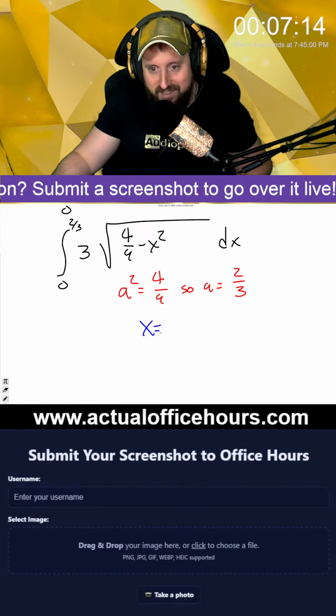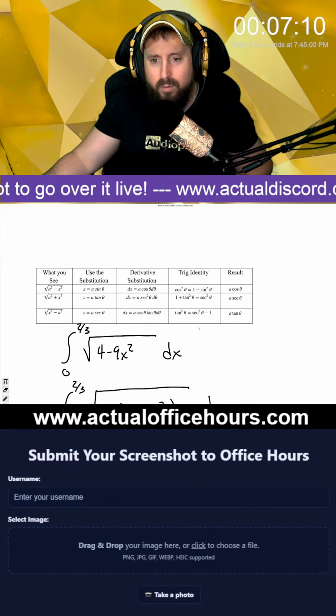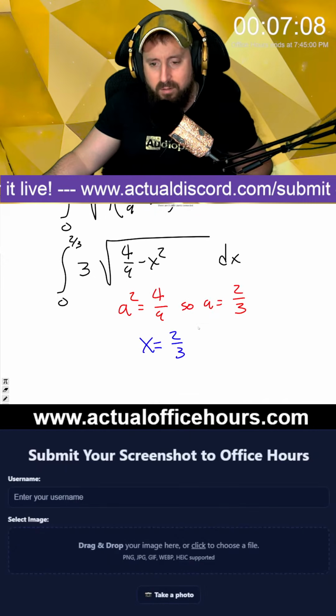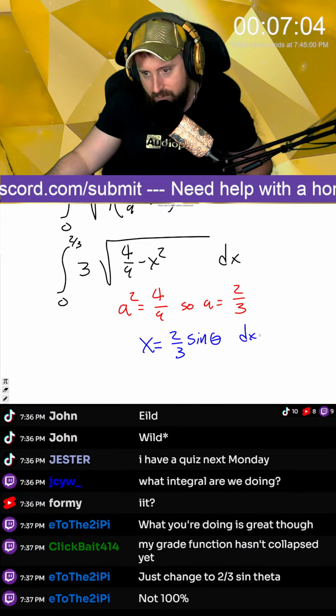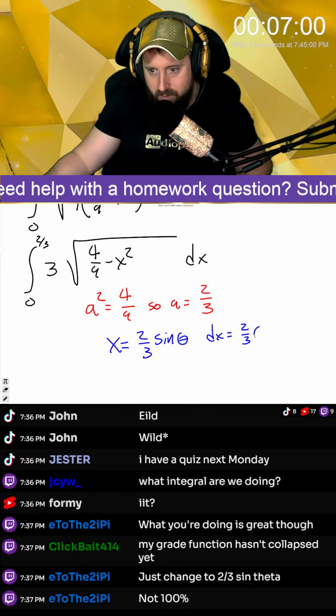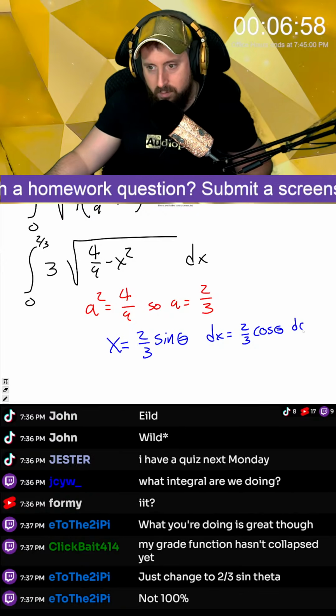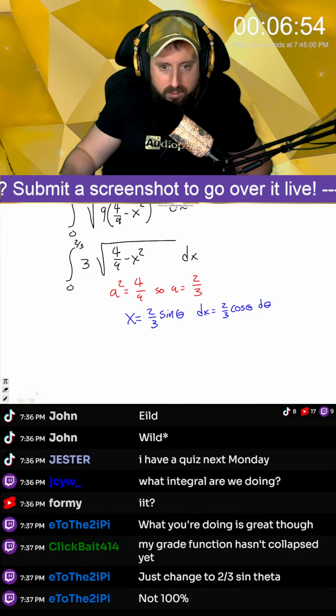Okay, so x is equal to 2/3. Sorry, what do we want? 2/3 sine theta. Yeah, okay, 2/3 sine theta. dx equals 2/3 cosine theta d theta. Right? Cool. Let's replace.